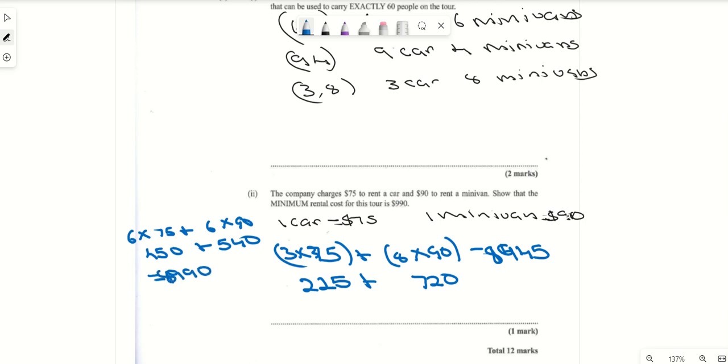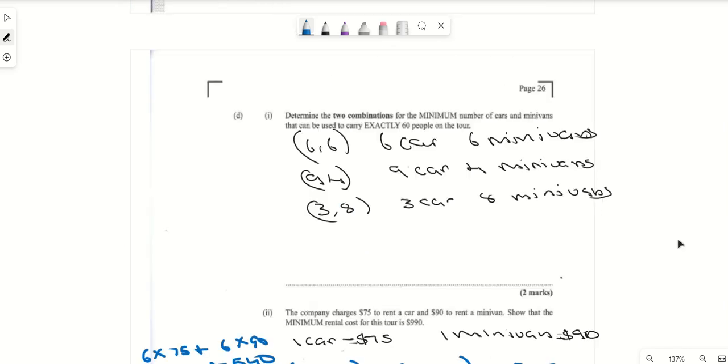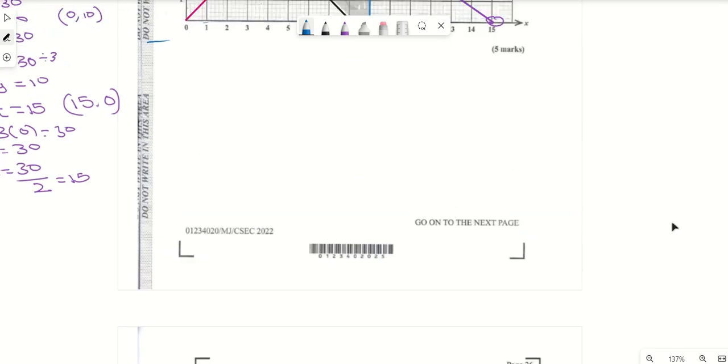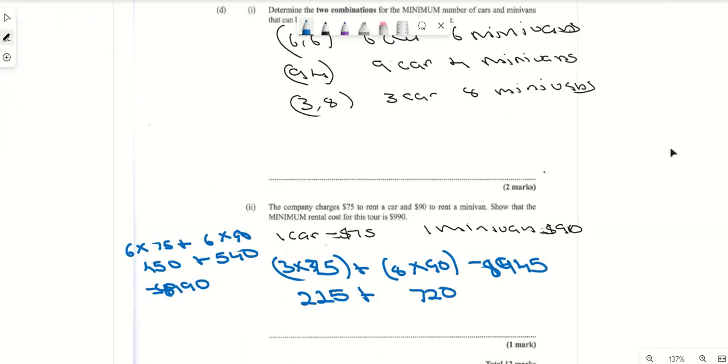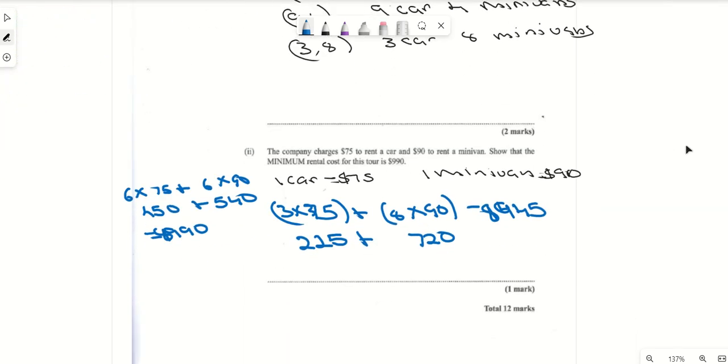You can stop right here. They just said show that the minimum cost is $990. Right? And that would be the end of May June 2022.